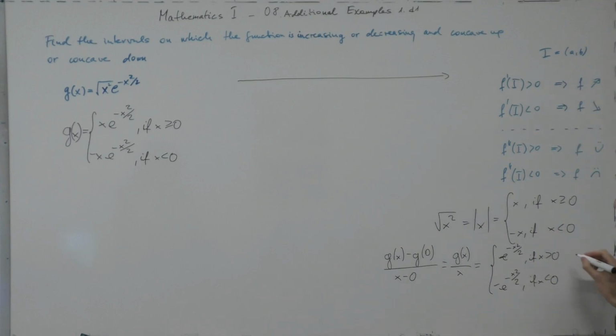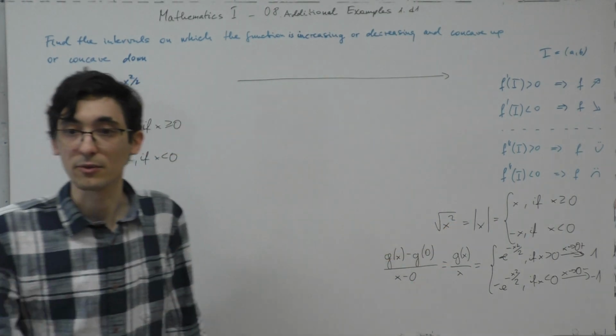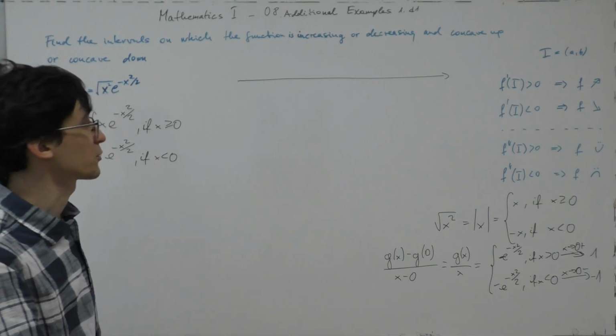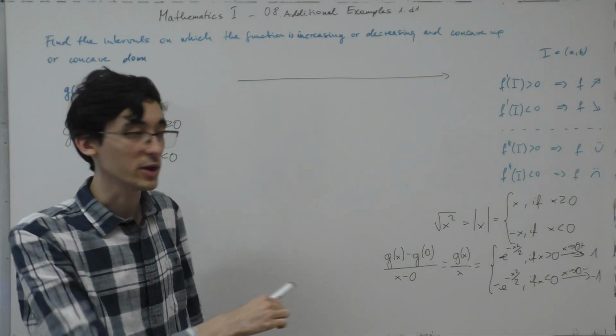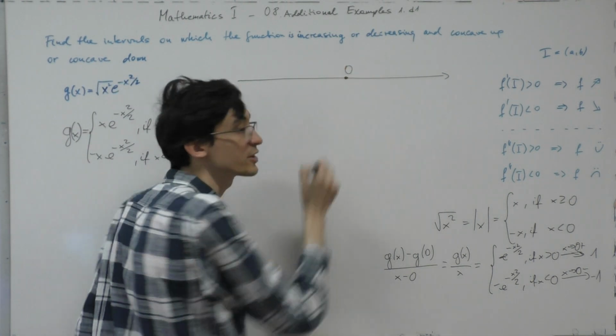Now to find the limits at 0, if we go to 0 from the positive side, we have this limit as 1, and if we go to 0 from the negative side, we have this limit as negative 1. And since these two values do not match, the limit doesn't exist, so the function is not differentiable at the point 0, which means that 0 will be a critical point.